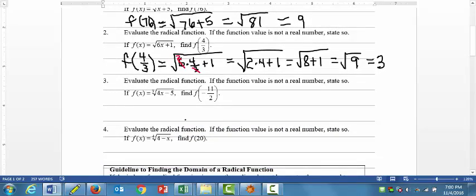Here our radical function is the cube root of 4x minus 5. So when I want to find f of negative 11 halves, I do what I did in the previous 2 problems. I replace the x with this value, which in this case is negative 11 over 2.